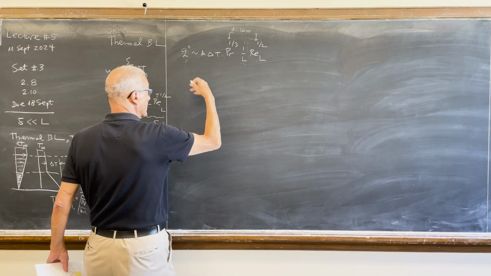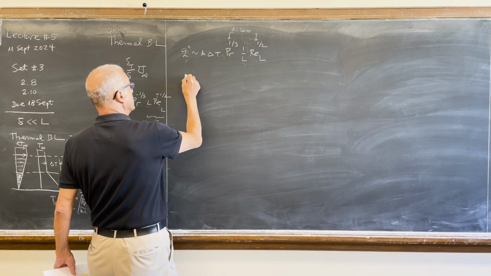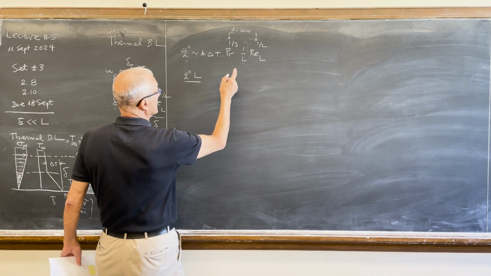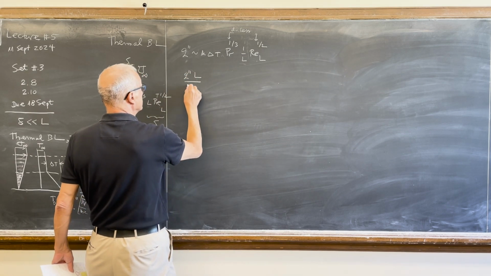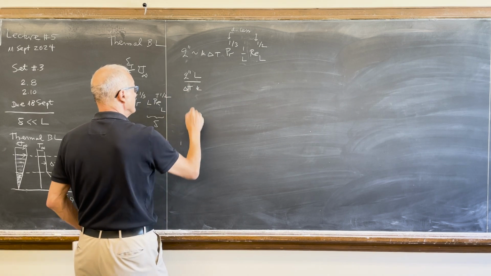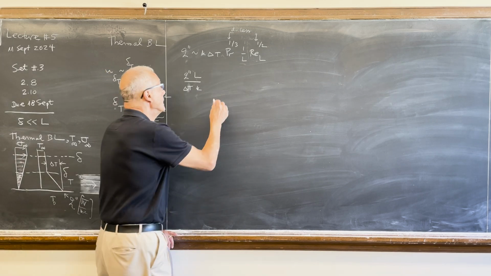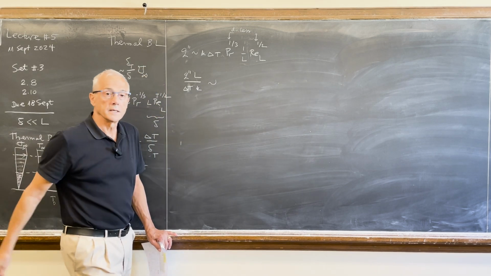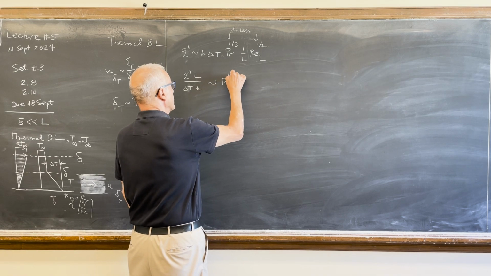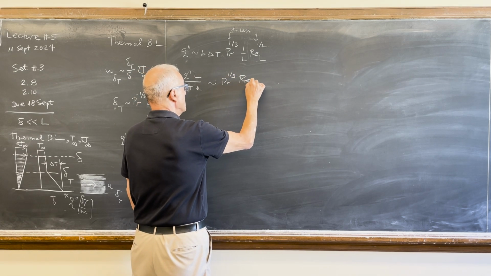So we're therefore putting everything on the left, namely heat flux, L, and then K delta T. Let me put it this way, delta T and then K. And then the right-hand side is Prandtl to 1/3, and then Reynolds to 1/2.